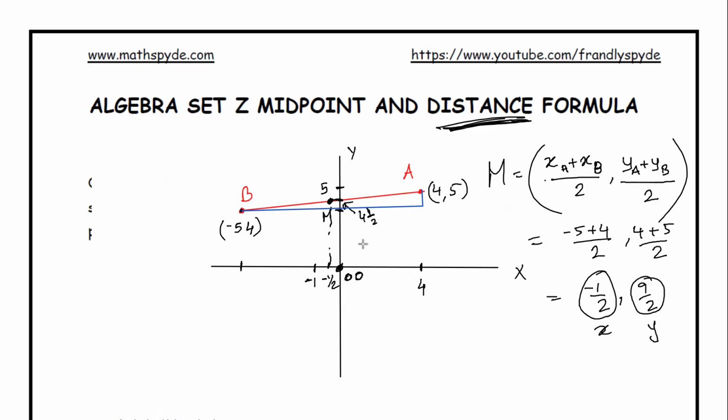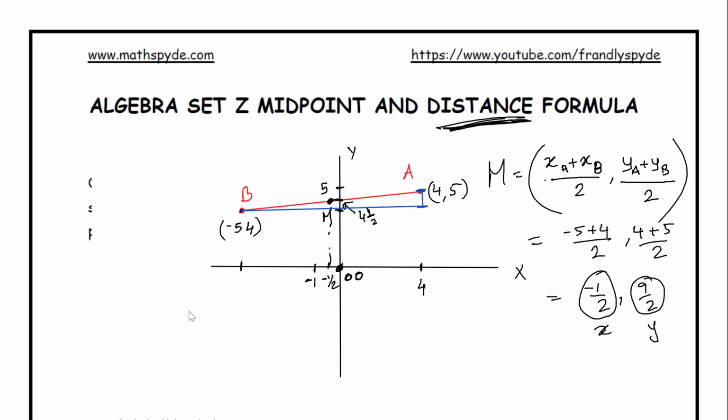Pythagoras theorem is applicable to right triangles. This distance over here is the displacement in the height, the change in the y-axis.